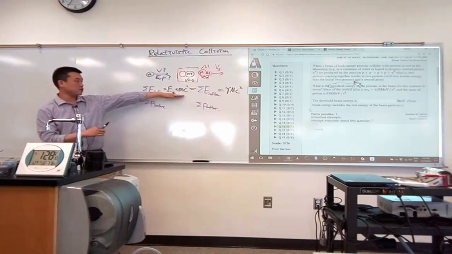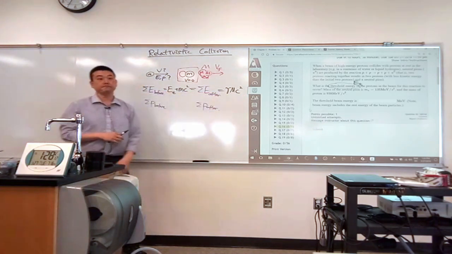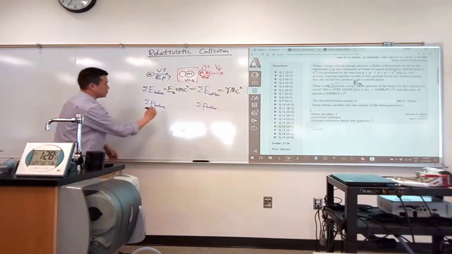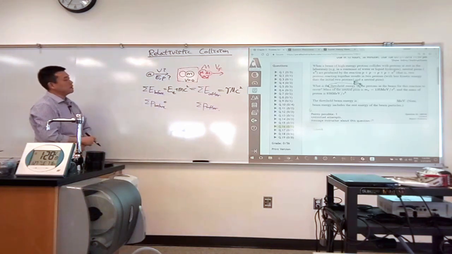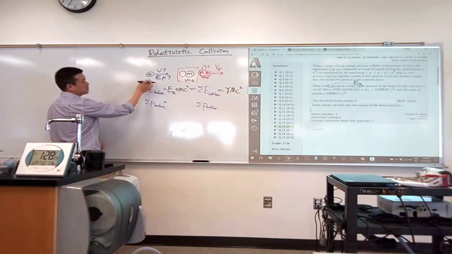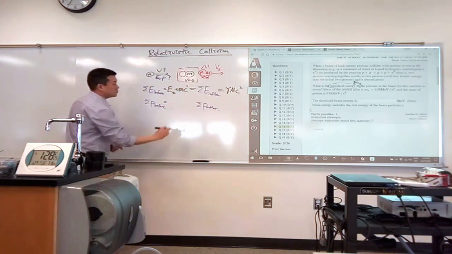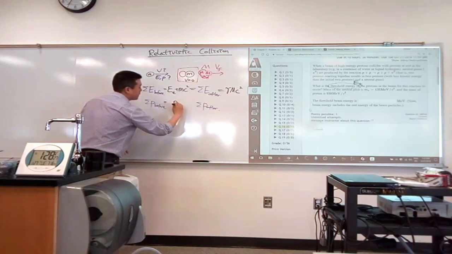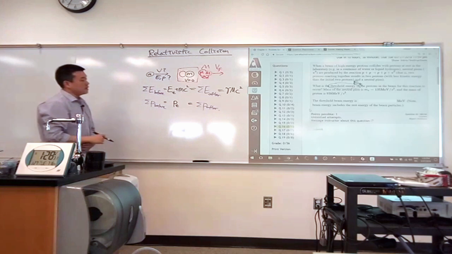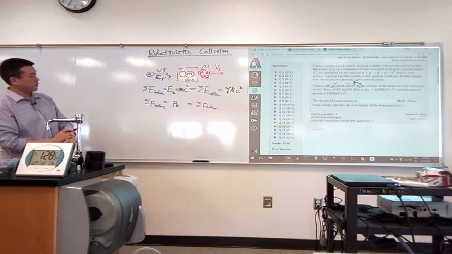So let's say you have the conservation of energy expression, okay? And you have the conservation of momentum expression. So this says zero momentum, so you're just counting the momentum of this. Let me just call it threshold momentum. That's equal to the momentum after.